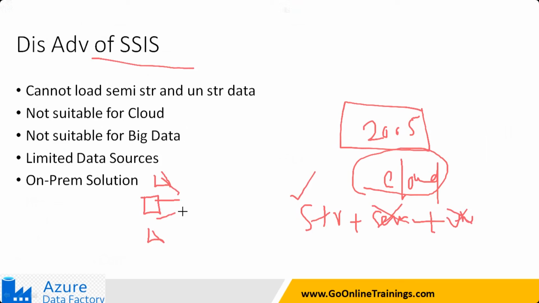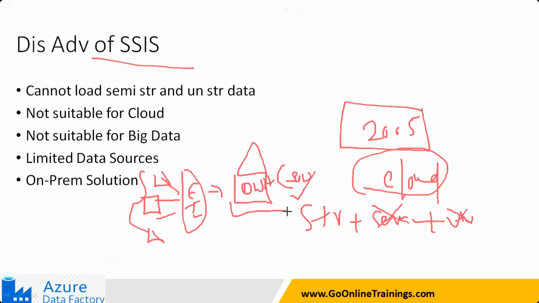All the data you will be able to load into your data warehouse. Clear? Because data warehouse is also SQL, you will take the structured data and load it into a structured environment. So here we can easily use SSIS, right? But if I have unstructured data, a lot of chat messages, a lot of social media data, this kind of data you cannot load using SSIS.